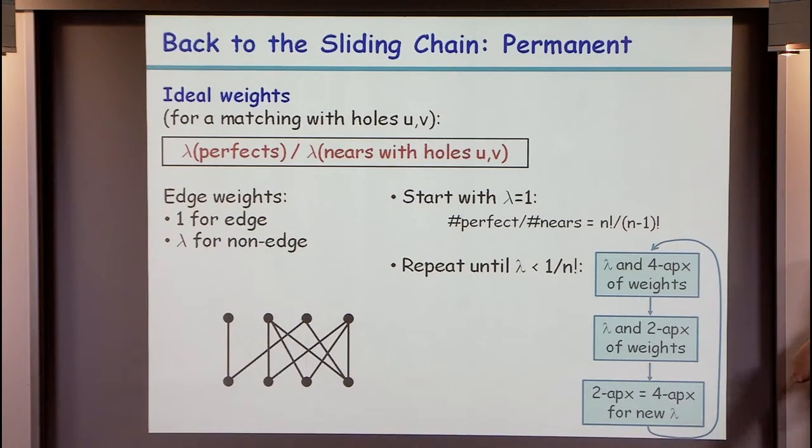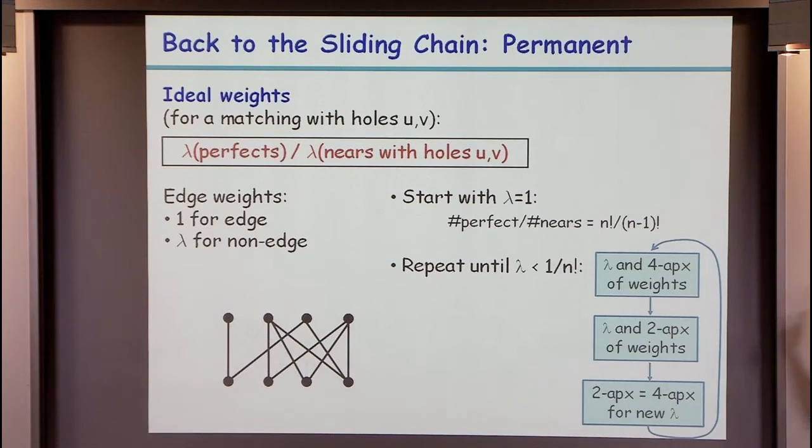Then I will use sampling for this lambda to improve the approximation factor from 4 to 2, let's say. And that allows me to decrease my lambda a little bit. And what used to be a 2 approximation factor is now the 4 approximation factor for my new lambda.